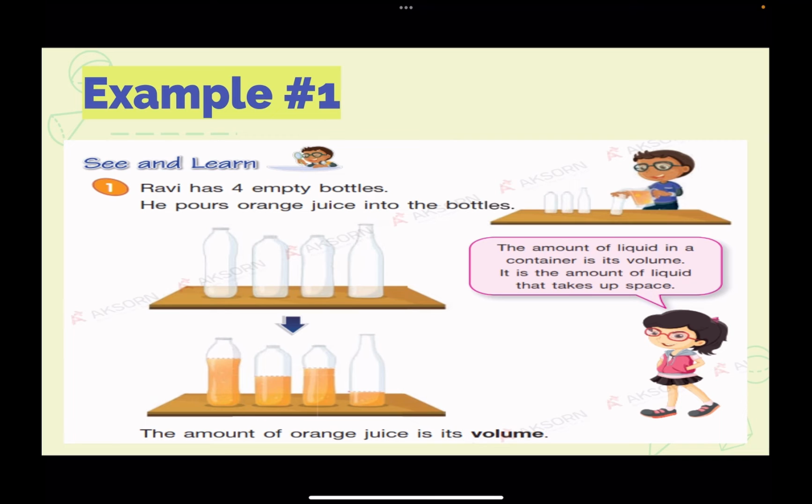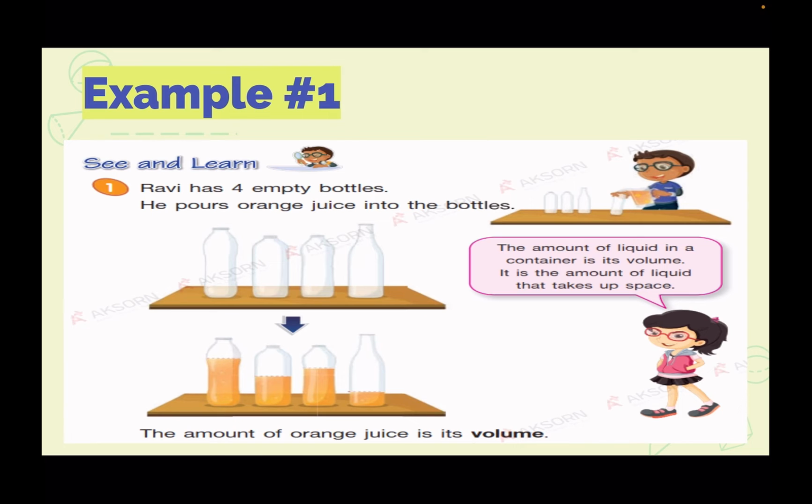So for example number 1, you can see that Ravi has 4 empty bottles. Okay, so you can see that we have 4 empty bottles first. And then he pours orange juice into the bottles. So you can see in the picture below, we have orange juice. The amount of liquid in the container is what we call volume.